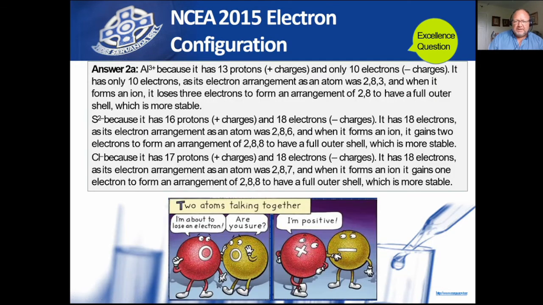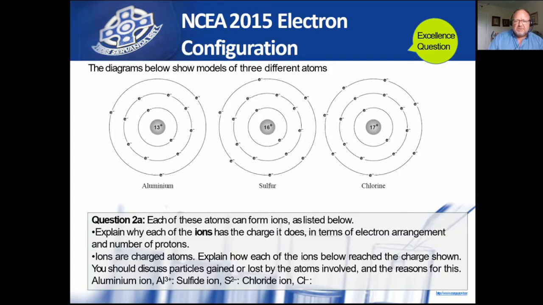Okay, we looked at all of these. We looked at this excellence question, and we saw that aluminium is 3 plus, so it wants to give away 3 electrons. Sulfide is 2 minus. Now negative will attract positive, so these two can combine, and chlorine is negative as well. Negative will attract positive, so they cannot combine.